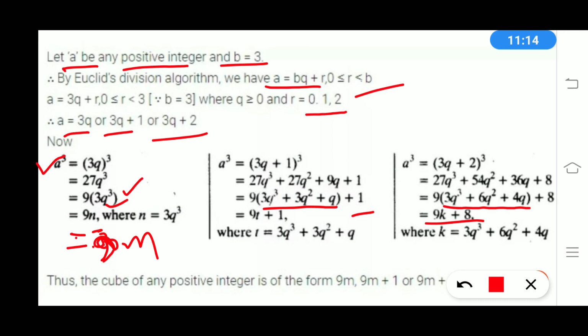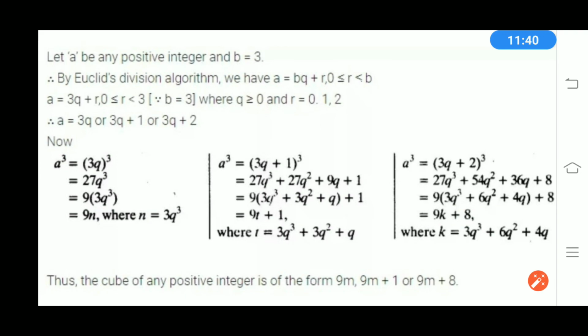And here 9m plus 8, where m equals 3q cube plus 6q square plus 4q, this is also right. If you directly write this as 9m, this as 9m plus 1, and this as 9m plus 8, then no problem. So the cube of any positive integer is of the form 9m, 9m plus 1 and 9m plus 8.